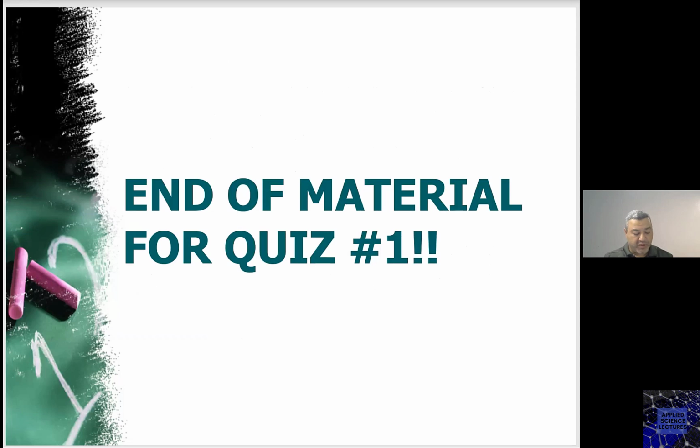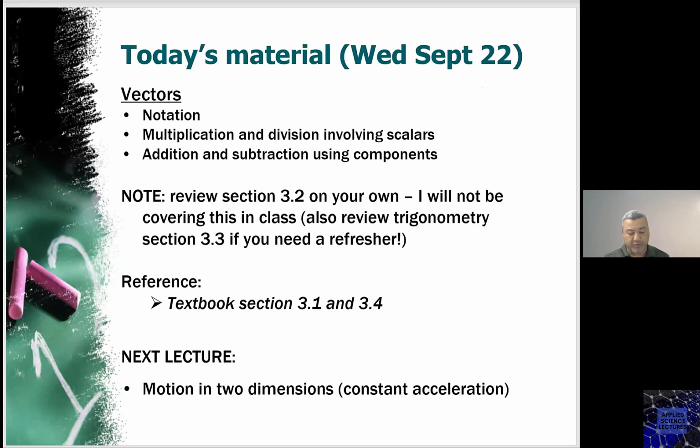This is what we have covered now, the material for quiz number 1, and now we're going to move to introducing and refreshing your memory of vectors. So vectors, as we have seen, are different than scalars because they not only have magnitude, they also have directions.